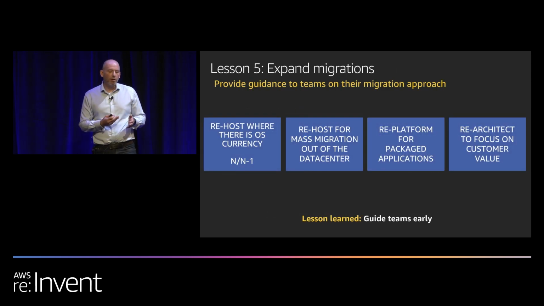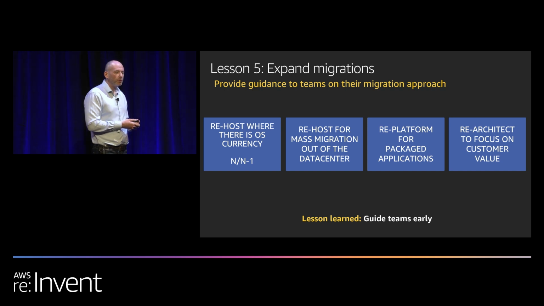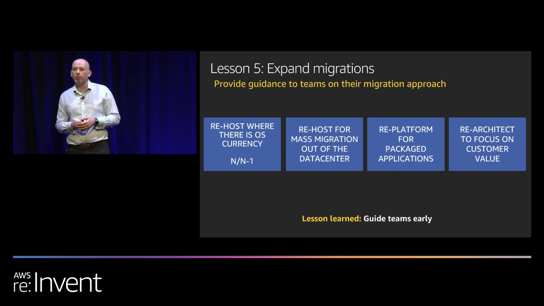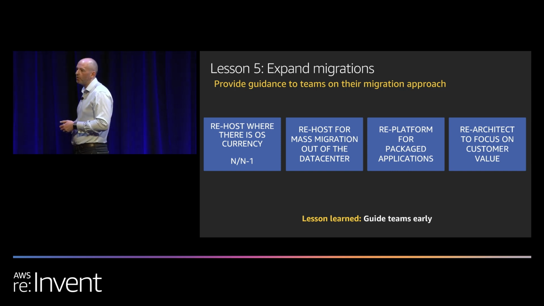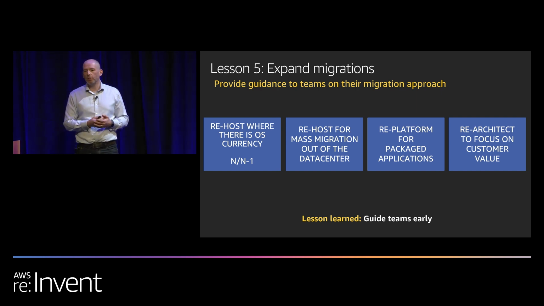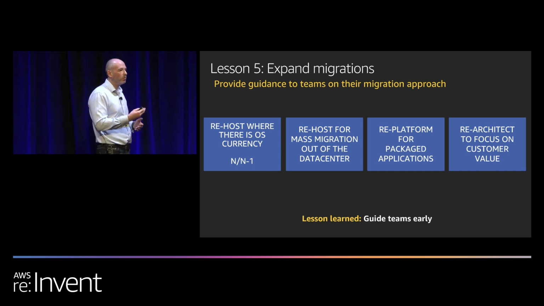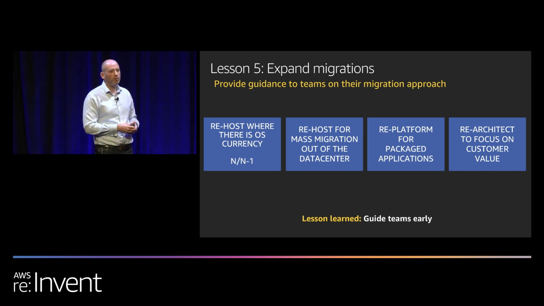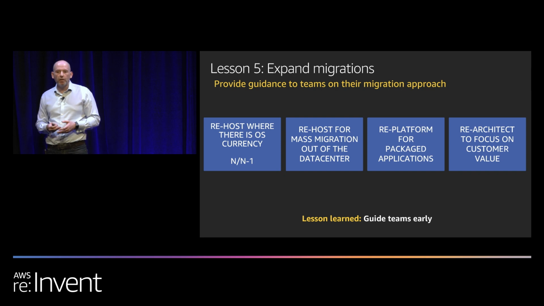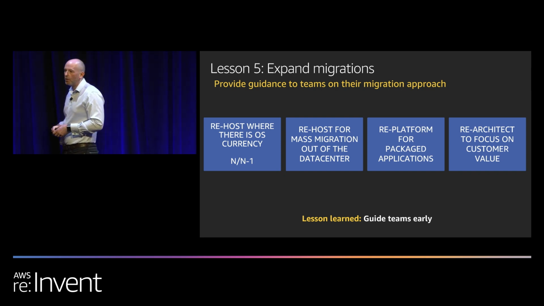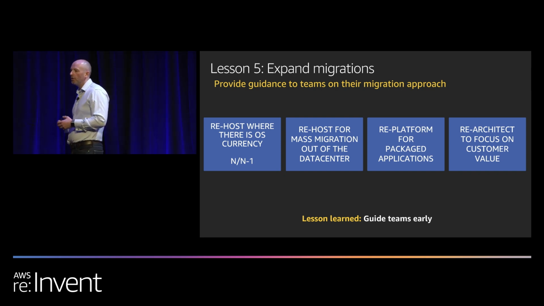We also gave the teams some parameters around how they needed to think about the migrations for their specific applications. So anything that's modern, so within a reasonably recent operating system, Windows 2016, Windows 2012, can easily be lifted and shifted out into the cloud with relatively little change.